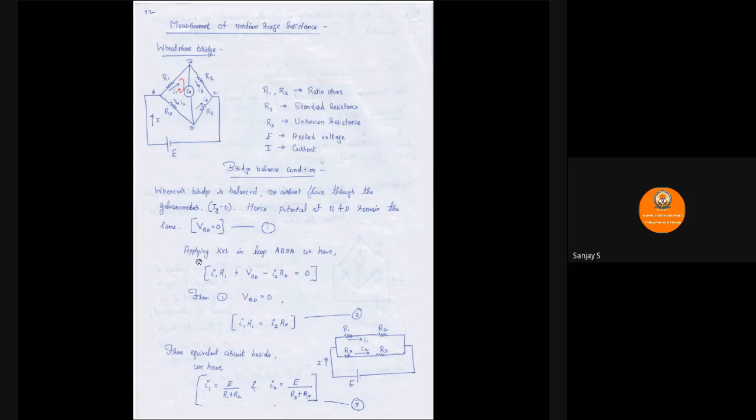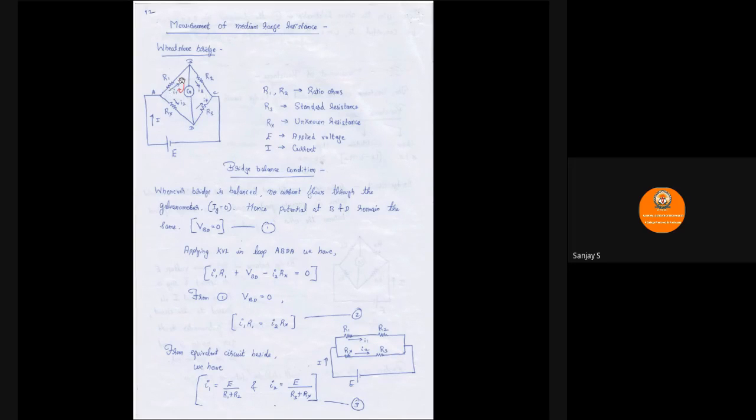Now let us apply Kirchhoff's voltage law in loop ABDA. So in this loop we'll be applying KVL, as you already studied in your basic electrical. I1 into R1 plus VBD minus I2 RX is equal to 0. If you follow one of the conventions, the drops across the various branches will be equal to the source.